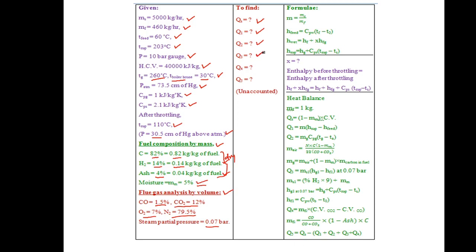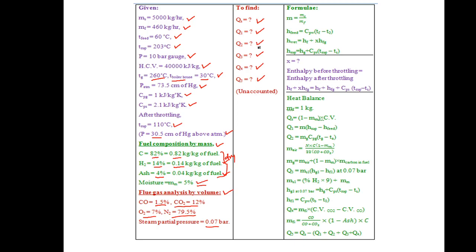Then Q3 is the heat due to unburned fuel, and sorry, Q4 is the amount of heat carried by steam along with it in the flue gases, and Q5 is unaccounted heat. So in order to solve this, what we have to do very first.